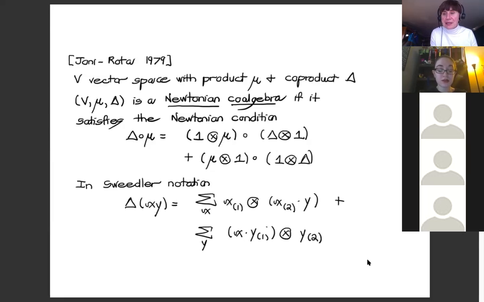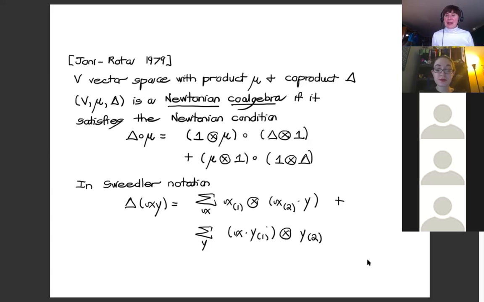All this is a fancy way to talk about the product rule in calculus. So how do you do the product rule? Let's look at the Sweedler notation for all this. If you're applying a derivative, rather, delta, to a product x times y, how does that go? Well, usually you take x times the derivative of y plus y times the derivative of x.